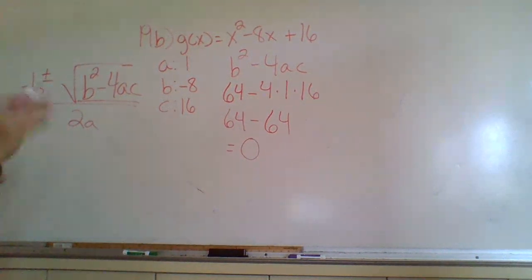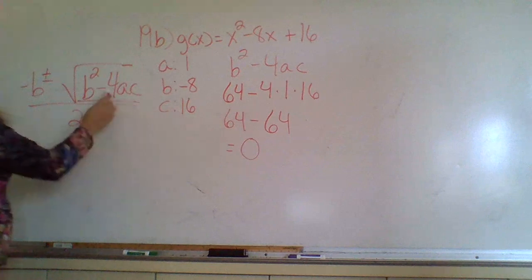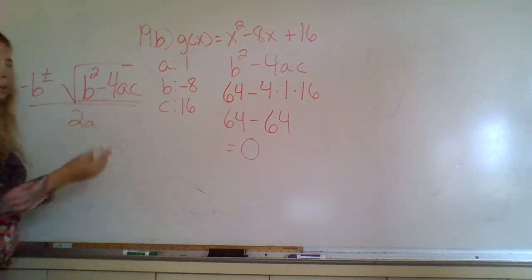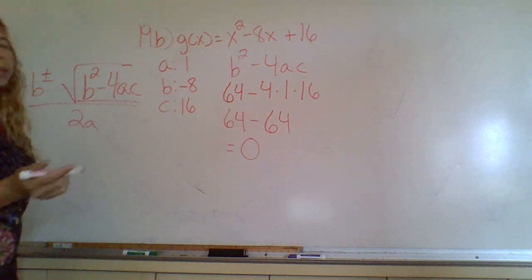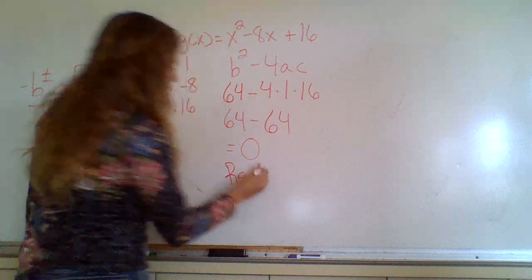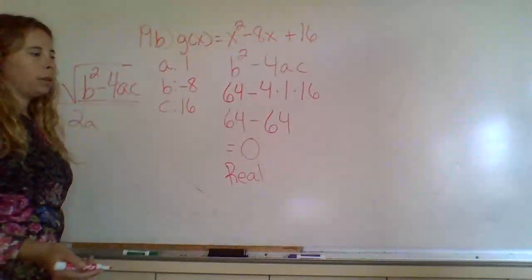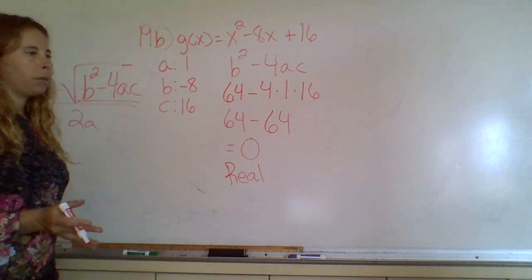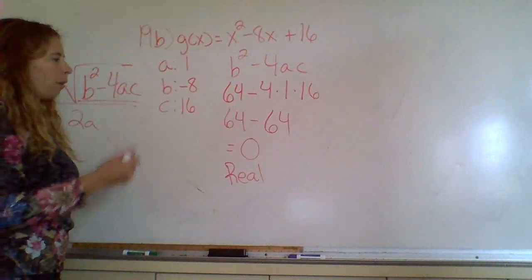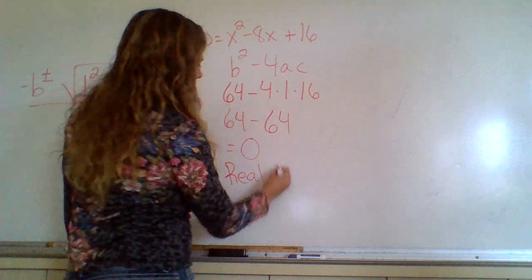So that means you're taking the square root of 0. That's real. The square root of 0 is just 0. 0 times 0 is 0. It's real and it's rational.